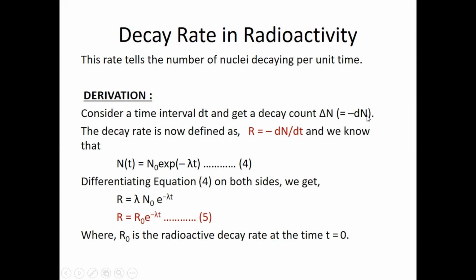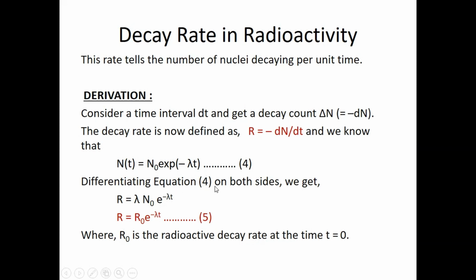The decay rate is defined as R equal to minus dN over dt. And we have N equal to N naught times e to the power minus lambda t for the radioactive law. It is called the exponential decay law.